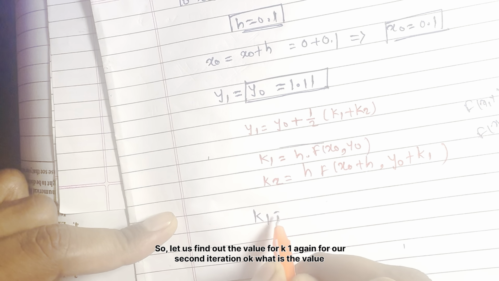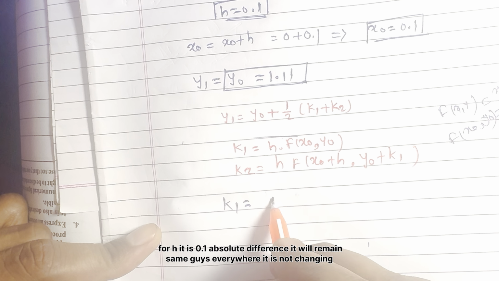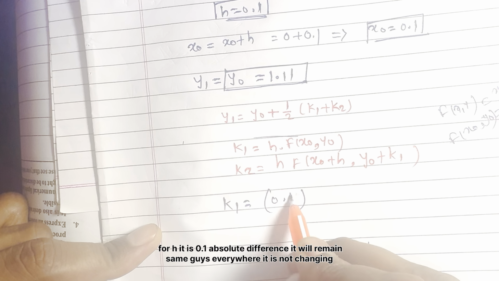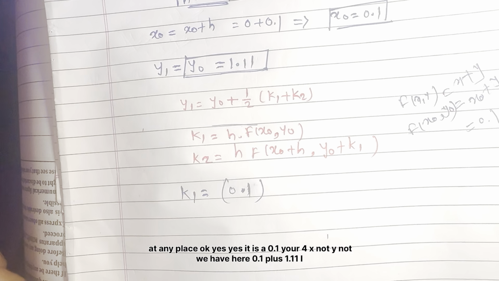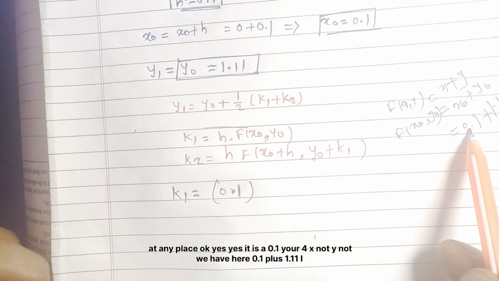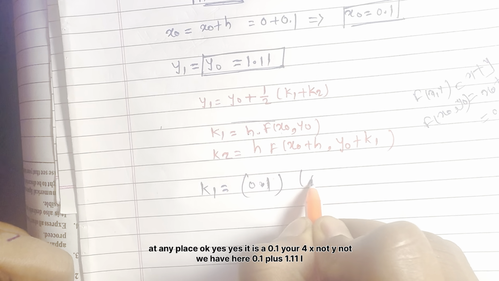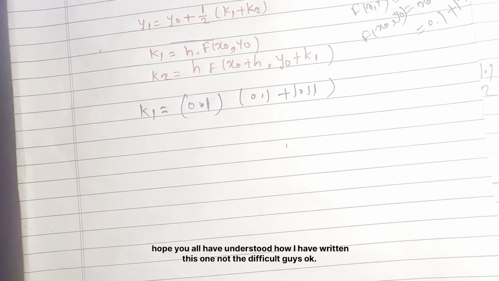So let's find out the value for k1 again for our second iteration. What is the value for h? It is 0.1. The absolute difference will remain the same, guys, everywhere. It is not changing at any place. f of x0, y0 we have here 0.1 plus 1.11. I hope you all have understood how I have written this one, it is not difficult, guys.